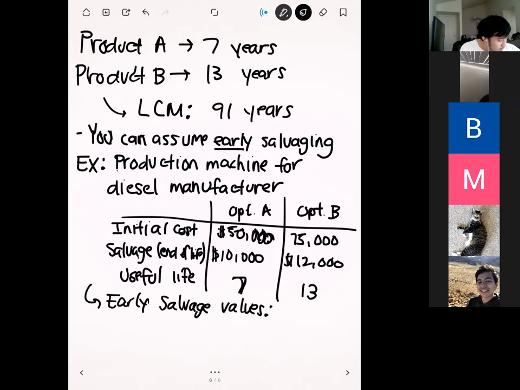Okay. And so option A says that if you use our machine for 3 years and you sell it after using 3 years, you'll get a salvage value of $20,000. And option B says that if you use our machine for 10 years, you'll get a salvage of 15,000.